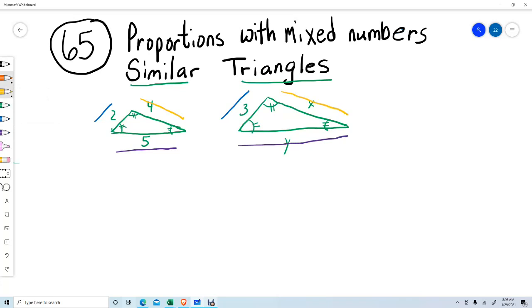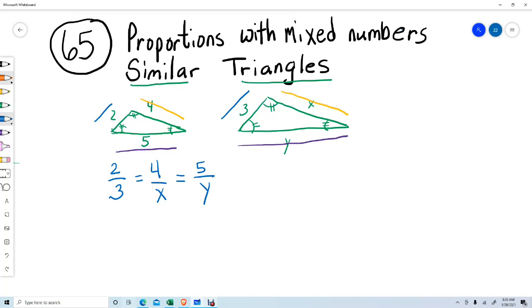If you look at the colors that I've drawn, we can say that 2 is proportional to 3, and 4 is proportional to, oh, we have a variable, okay. We can say that 5 is also proportional to y. Those are all going to be proportional to each other, okay, because they're similar triangles.